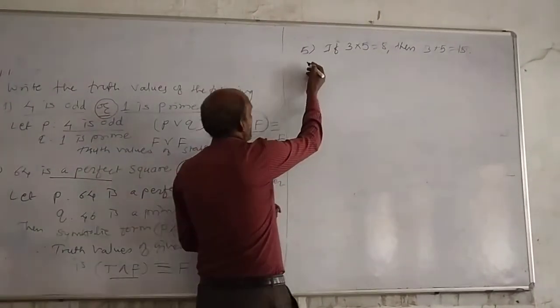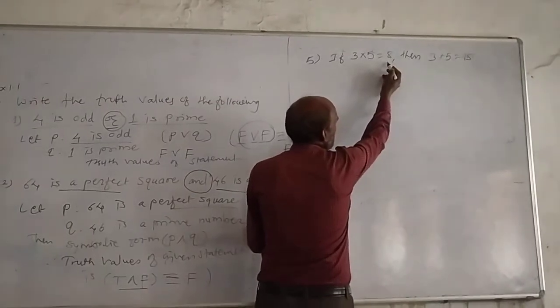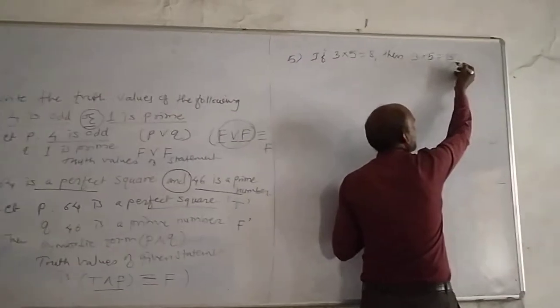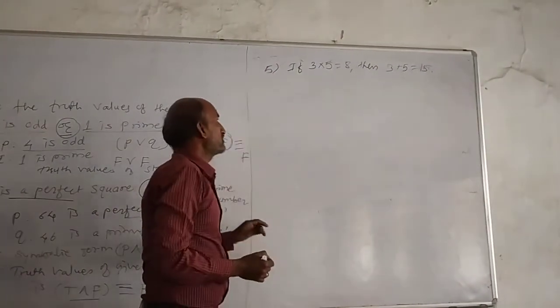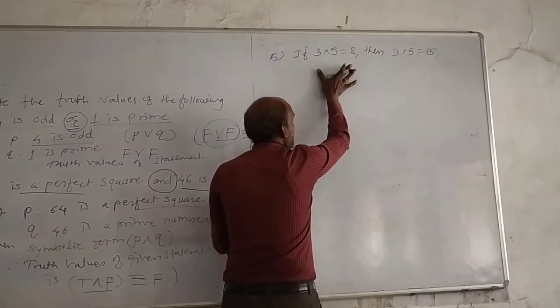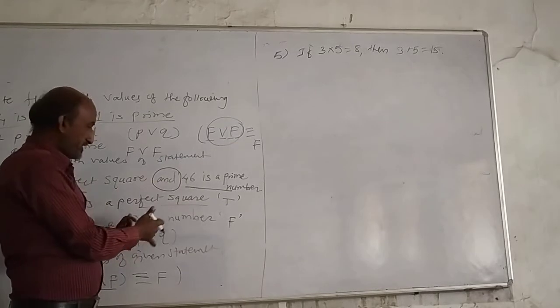See here, next example. If 3 into 5 equal to 8, then 3 plus 5 equal to 15. See here, two statements are there. These statements depend on logical connectives.